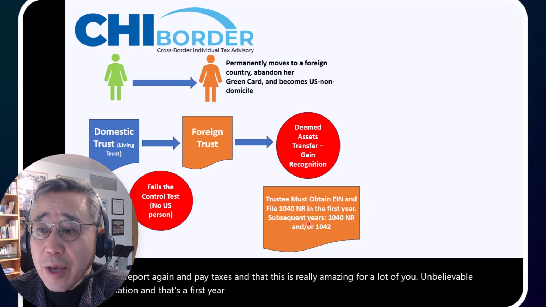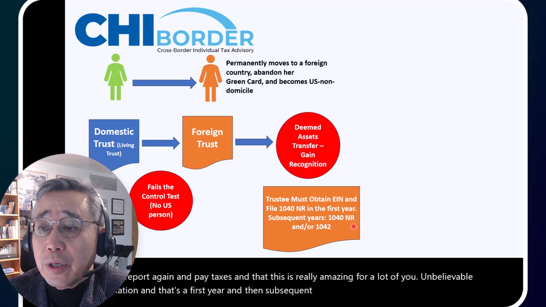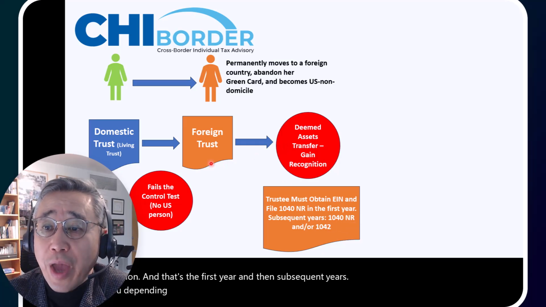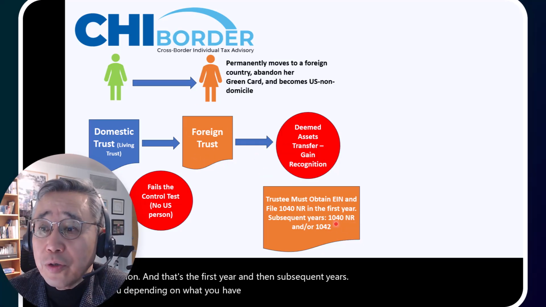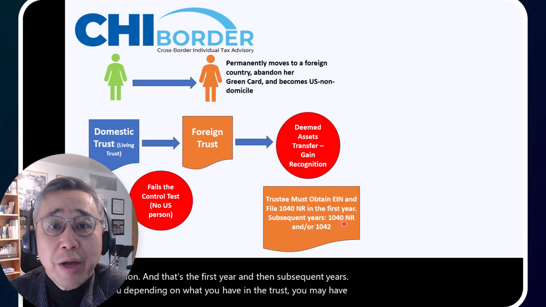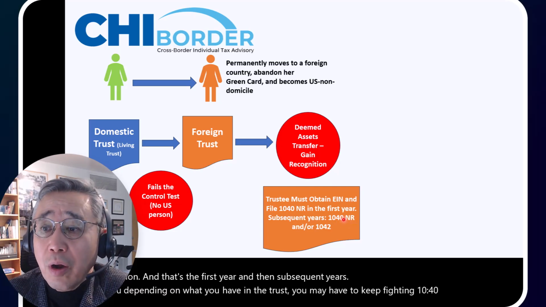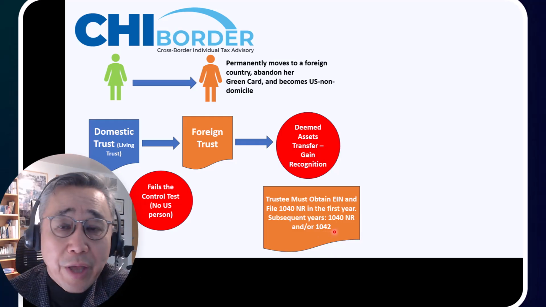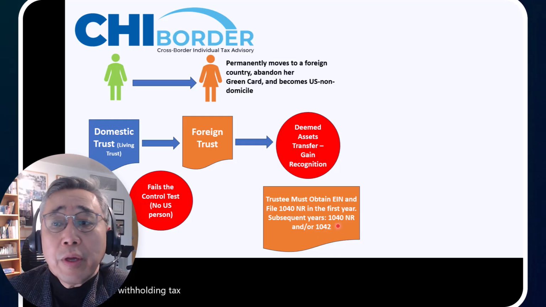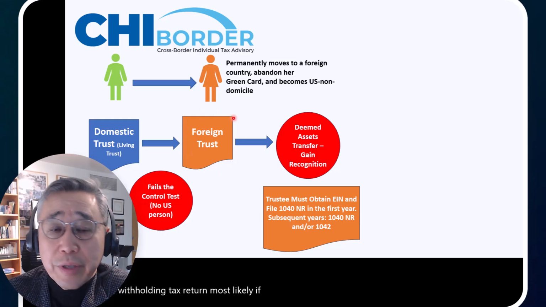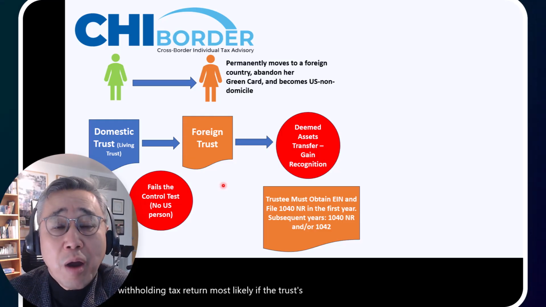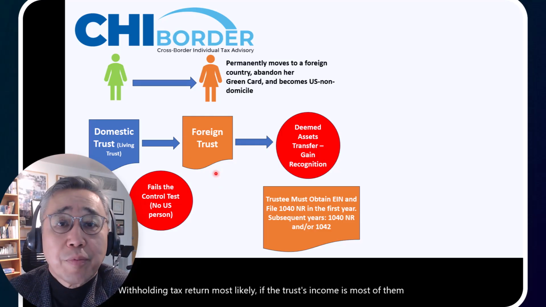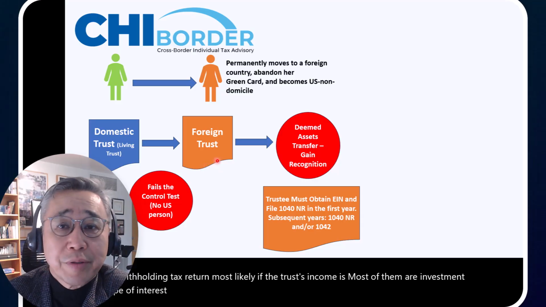And then in subsequent years, depending on what you have in a trust, you may have to keep filing 1040 NR or file a 1042 withholding tax return. Most likely, the trust income, as most of it is investment type of income, is interest income, dividend income, and capital gains.